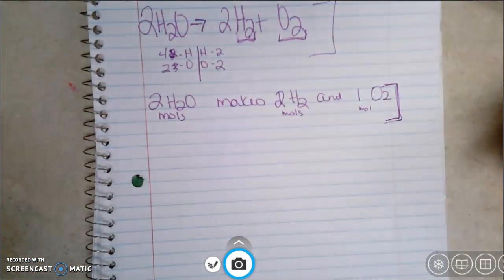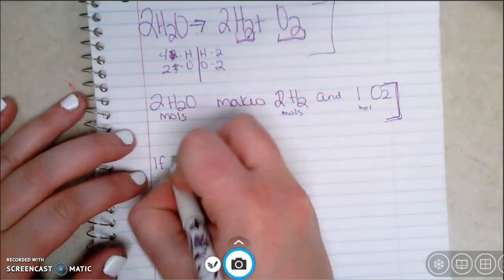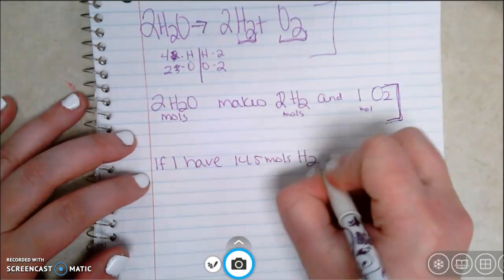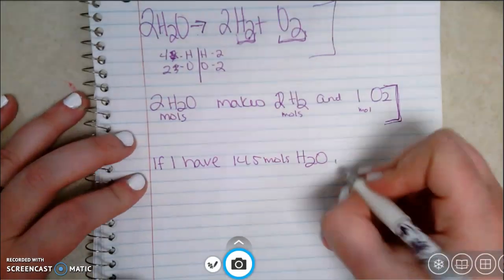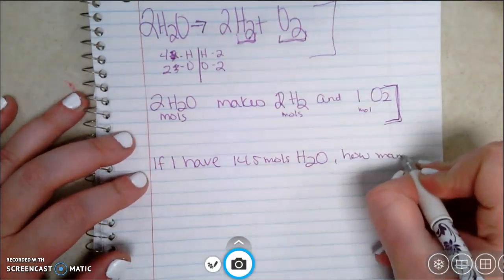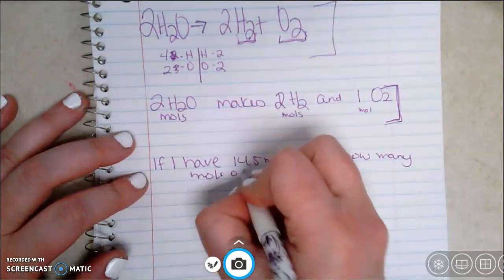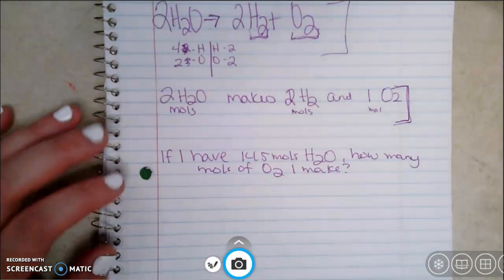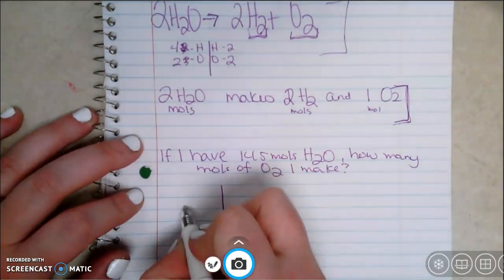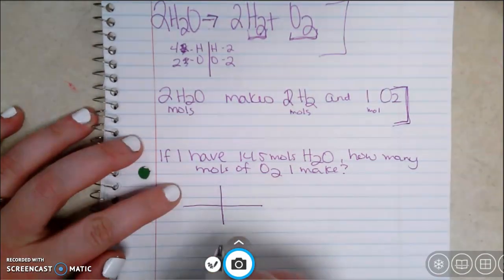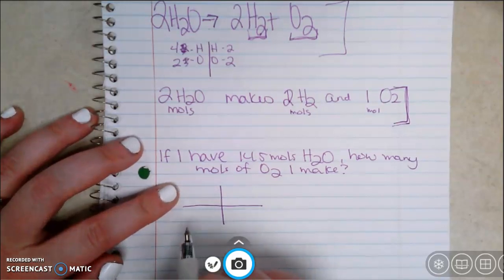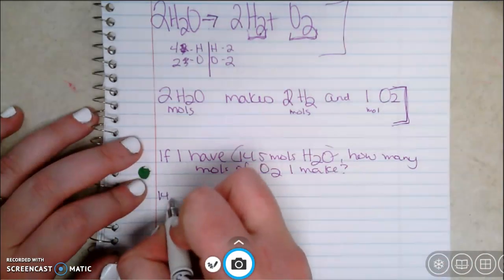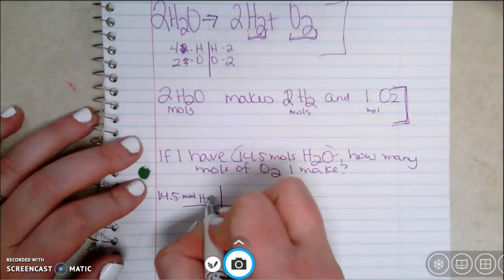Let's pretend that I have 14.5 moles of water, and I want to figure out how many moles of oxygen I make. So I'm going to draw my T-chart, and I'm going to start up here with the number that I was given, 14.5 moles of water.